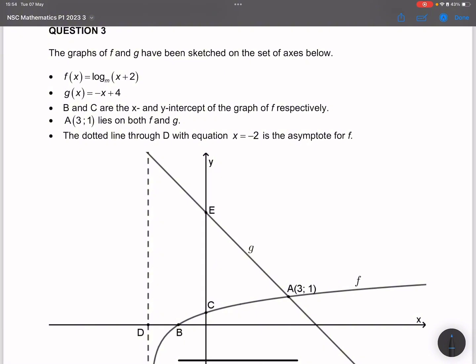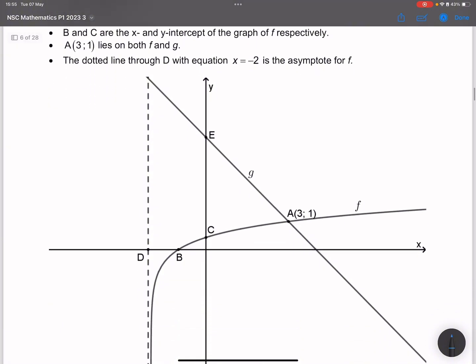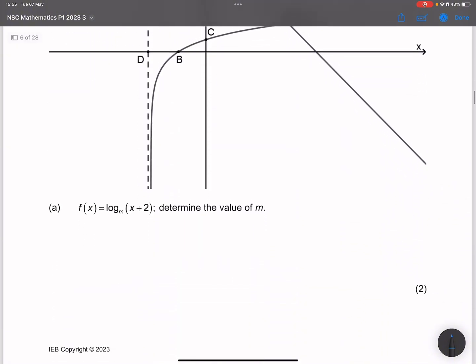Now they say to us, b and c are the x and y intercepts of the graph of f respectively. They say A, which is (3, 1), lies on both f and g. The dotted line through D with equation x is equal to -2 is the asymptote of f. So in this case, they want us to answer the following questions.